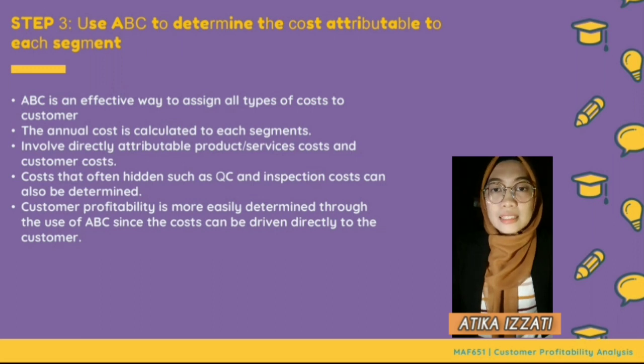It is these customer costs which are often hidden, such as quality control and inspection costs, order picking, order fulfillment, and customer ordering costs. ABC is an effective way to assign both types of costs to customers.